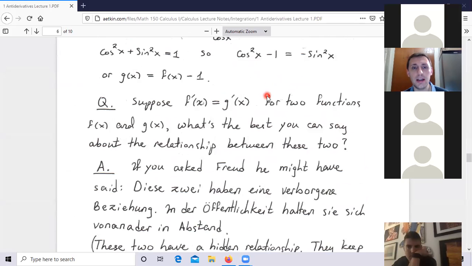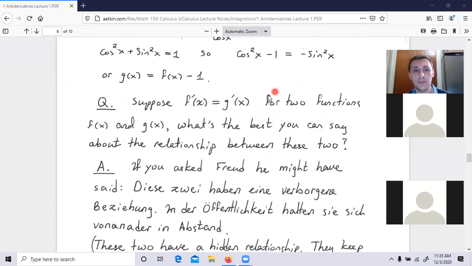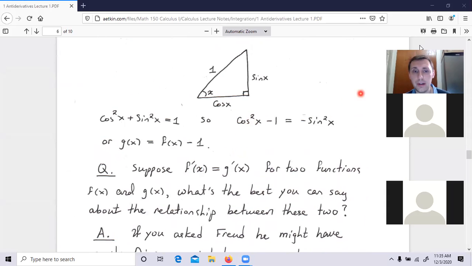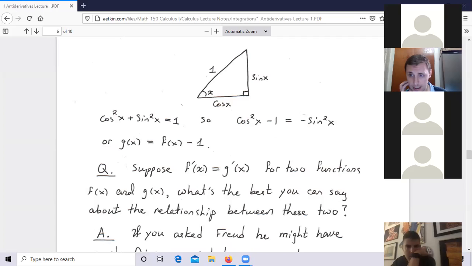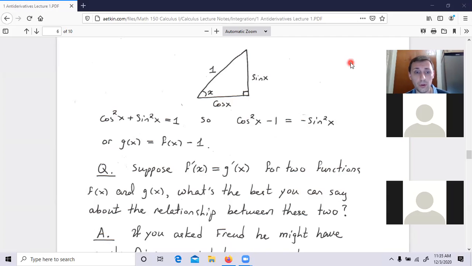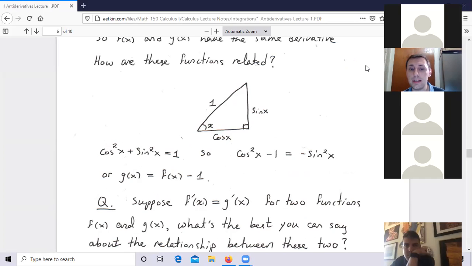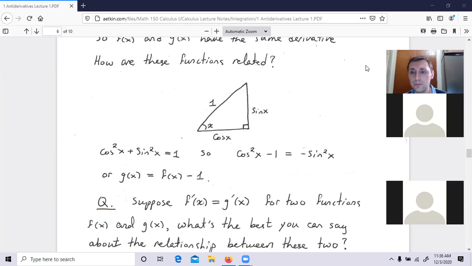So again, I already answered this question, but in general, let's see if you can think abstractly. If you have the derivative f prime x equal to g prime x for two functions f of x and g of x, what's the best you can say about the relationship between the two? They have the same derivative. What can you say about the relationship between the two?